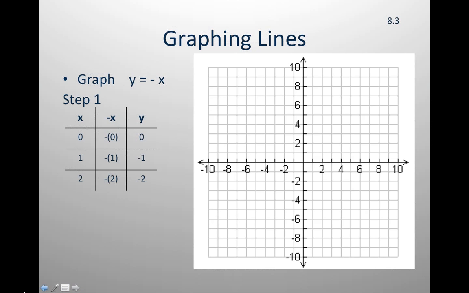So if x is a positive 3, y is a negative 3. If x is 2, y is negative 2. If x is negative 5, y is positive 5. They're simply the opposite of each other. That's what that negative means. If they were the same, it would be y equals x.